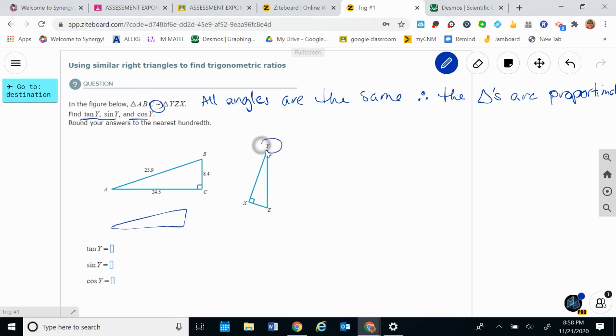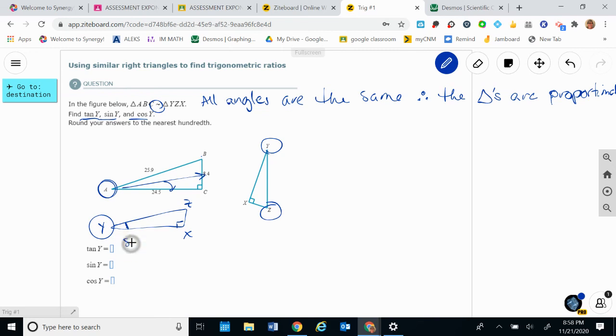And this side corresponds to the A. So this is Y. And then this Z corresponds to the B, right? And then C corresponds with X. Okay, so now we know we're standing here. We're standing at A. We're standing at Y, but basically we're standing at A because these are proportional. So the tangent is equal to the opposite over adjacent.